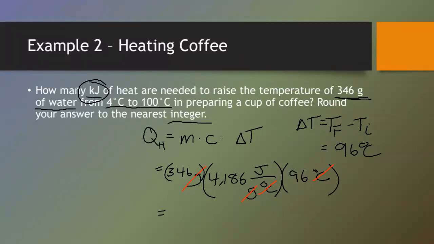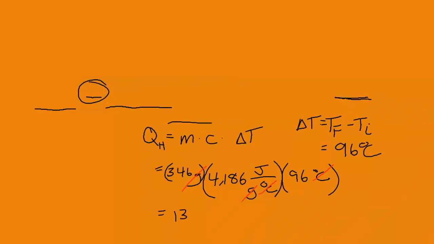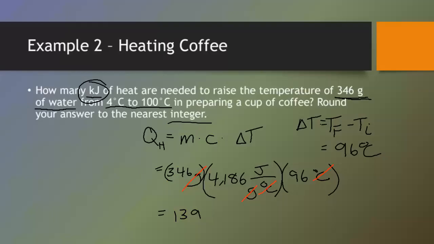If you multiply all these values together, you will get 139,042 joules. Or 139 kilojoules, the nearest integer of kilojoules.